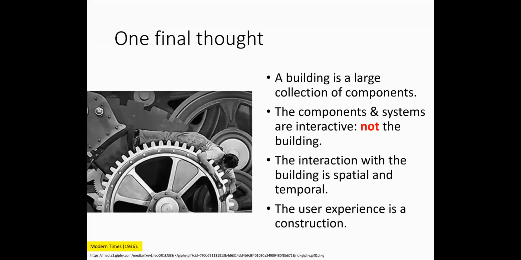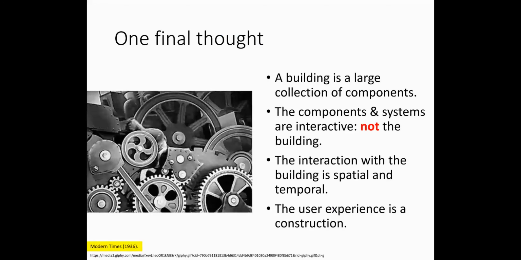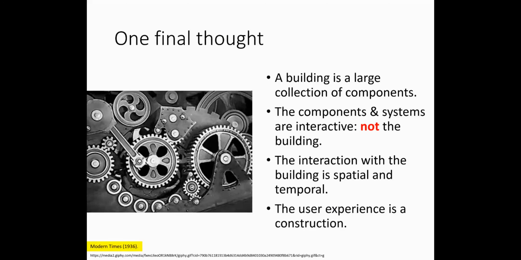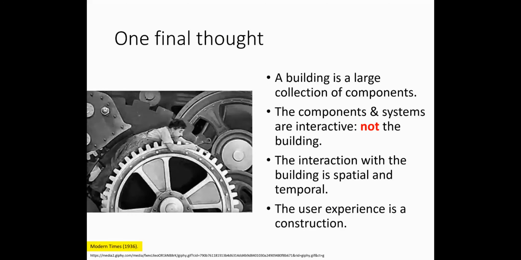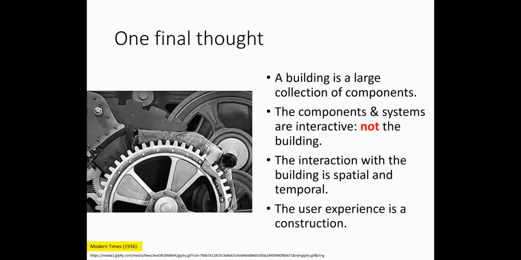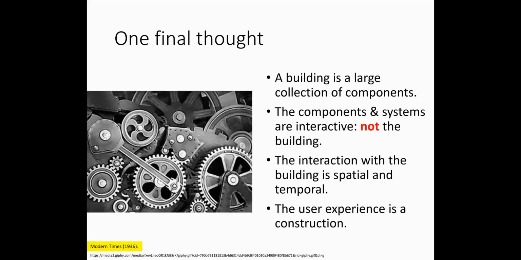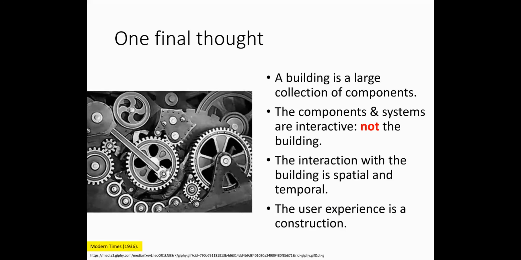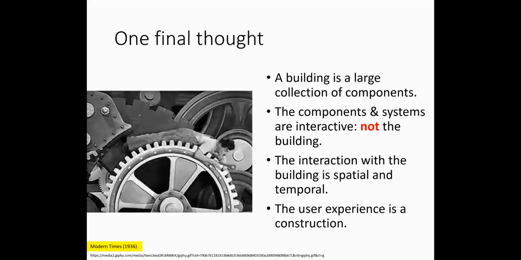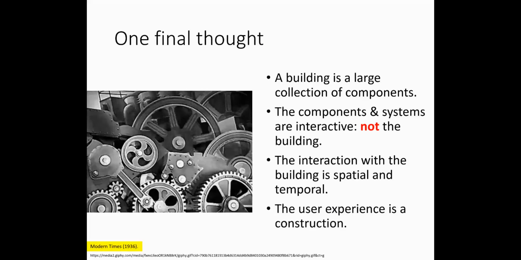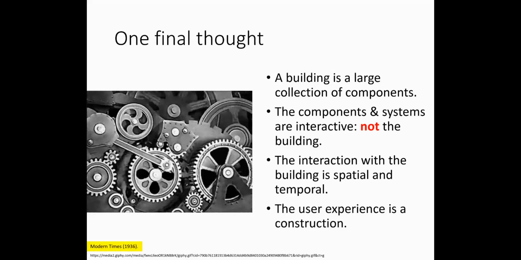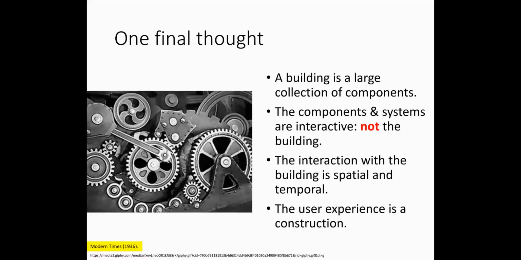Some things happen first, then another thing happens, then you have the next, and so on. So what you are actually doing when you are interacting with a building is that you construct an experience in time and in space. And that is what an interactive architecture is about.